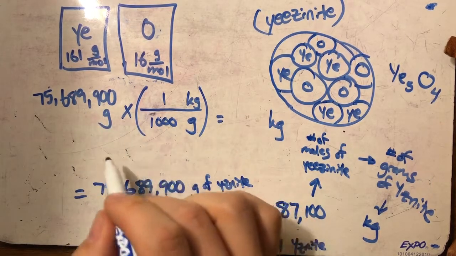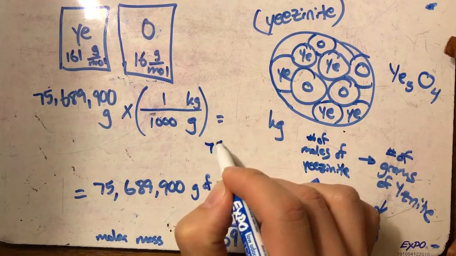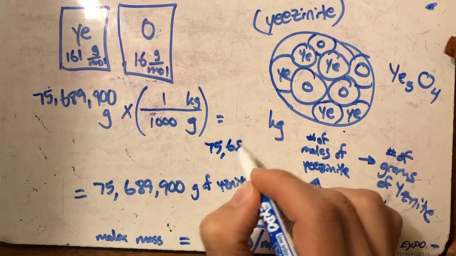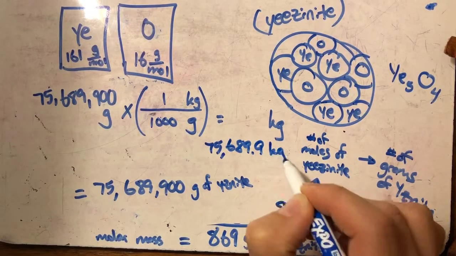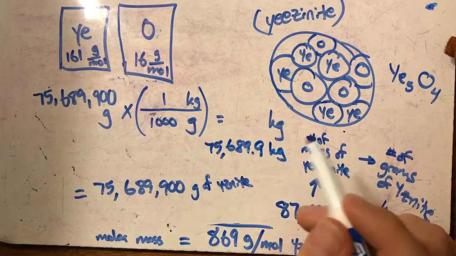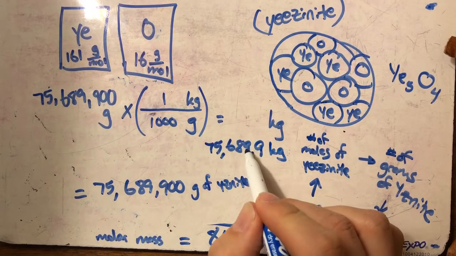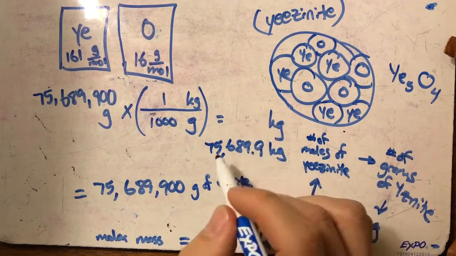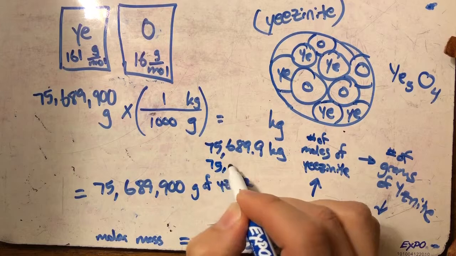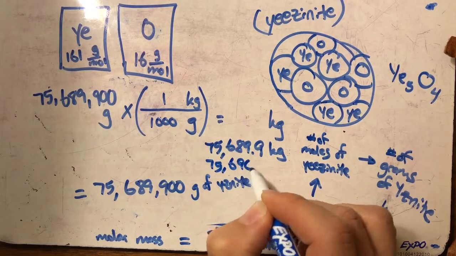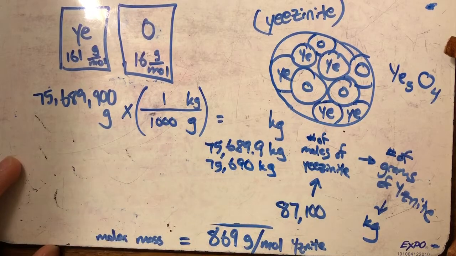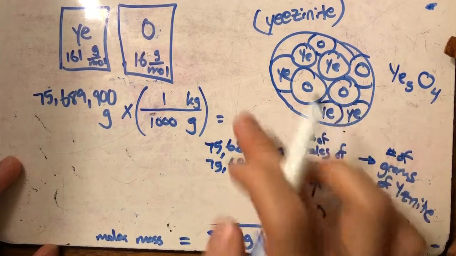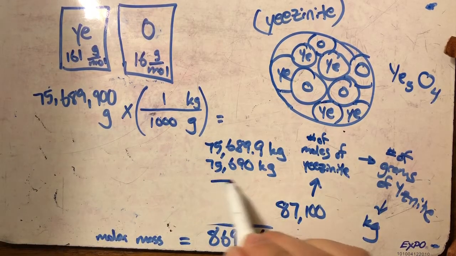So we end up with 75,689.9 kilograms. And if you wanted to round that, you could round it up to the closest 1, which would be 75,690 kilograms. Okay, so this is your final answer.